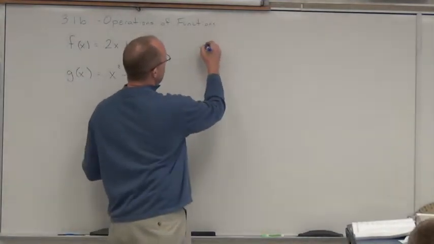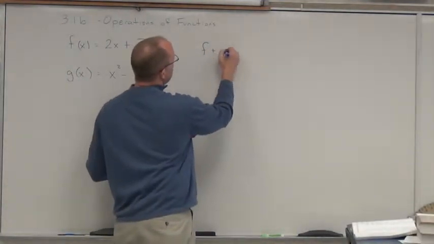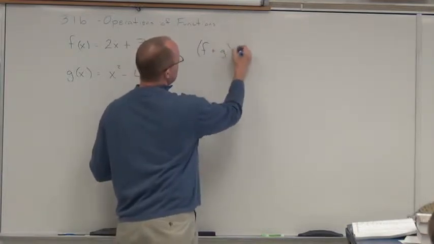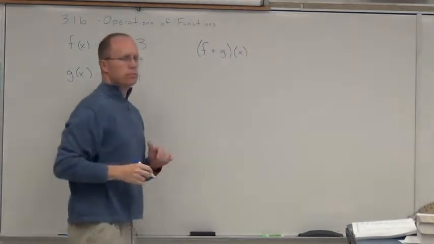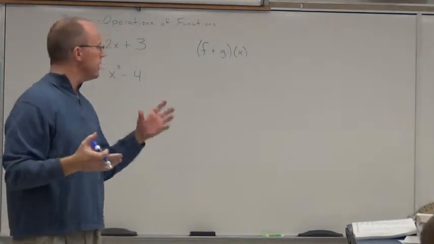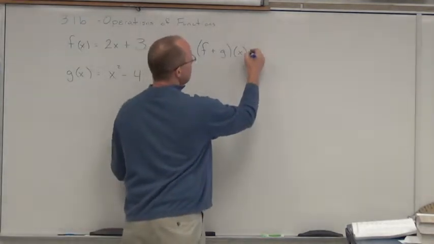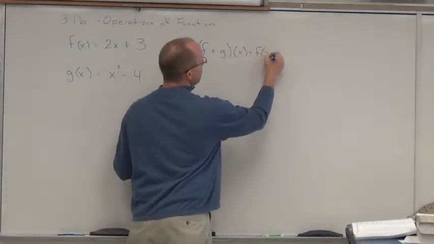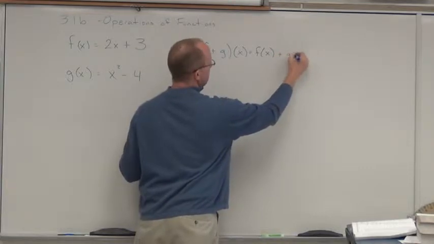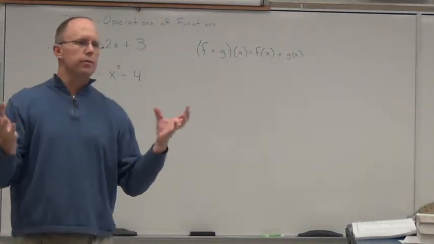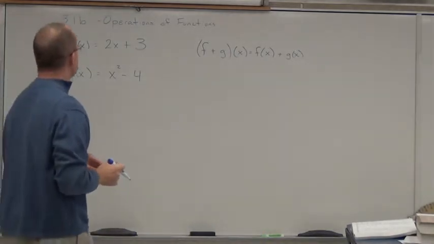So for example, we'll figure out what f plus g of x is. That's the way it's going to be written, but the way you can think of it is if we distributed that x through, we have f of x plus g of x. We're just going to take our two functions and add them together.